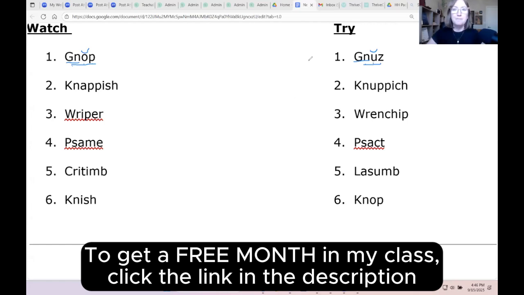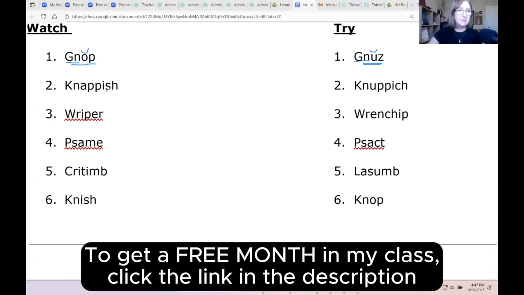Okay, so GN is a silent letter pair that says N. This U is going to say its short sound. You don't have to guess. You can tell because there is not another vowel 1 or 2 doors away. So we have N, Z, nuz.